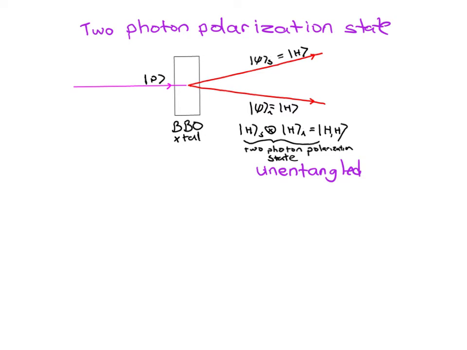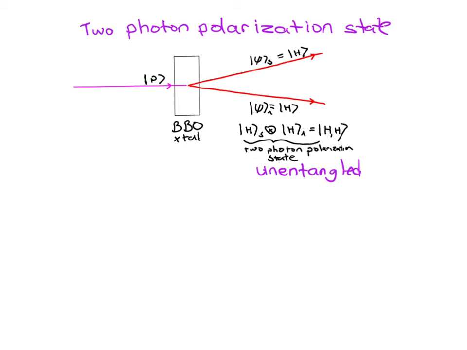And we're going to focus on the polarization states of these photons. It turns out that if the ultraviolet photon is polarized in the vertical direction, then the infrared photons that are generated are both going to be horizontally polarized, as is shown here.